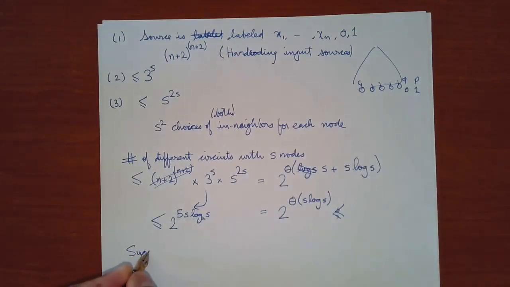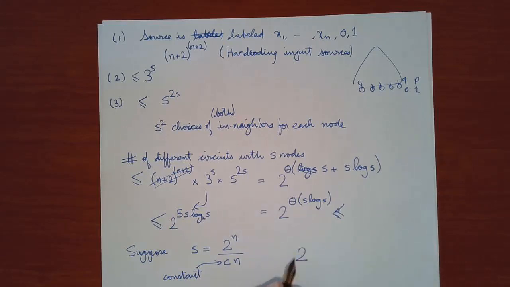Okay, so suppose s is equal to 2 to the n divided by Cn, where C is some constant. Then what you get is 2 to the 5s log base 2 of s, which is 2 to the power 5 times 2 to the n divided by Cn times log of s.